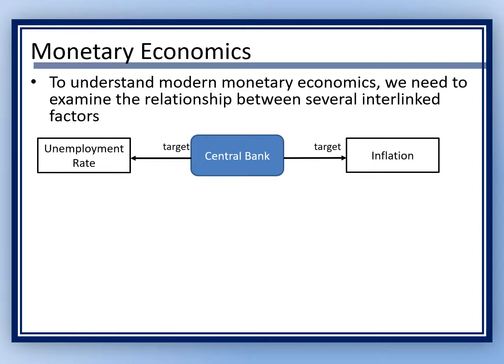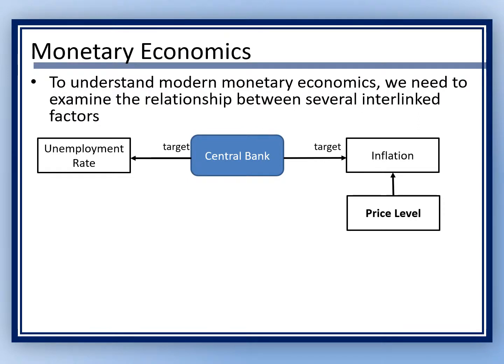But despite the fact that the central bank has such targets, they can't directly affect these things because, well, that is not a free economy, right? In a planned economy, maybe you can try to mandate how many people get employed, but not in a free economy.